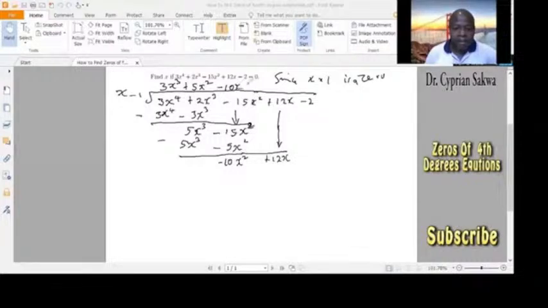So minus 10x times this will be minus 10x squared, and minus 10x times this will give us minus 10x. So again, subtract. This will give us 0, and this will give us, what was it?